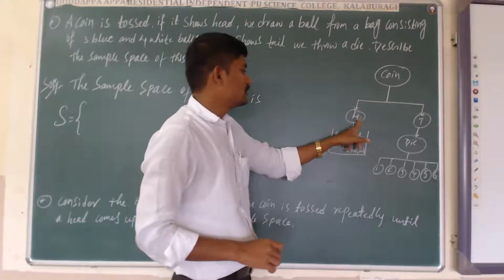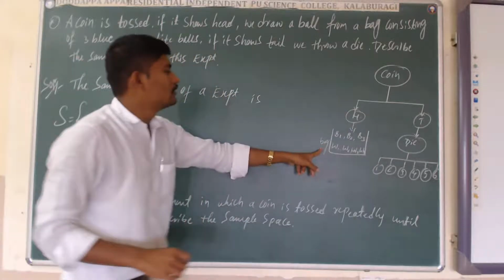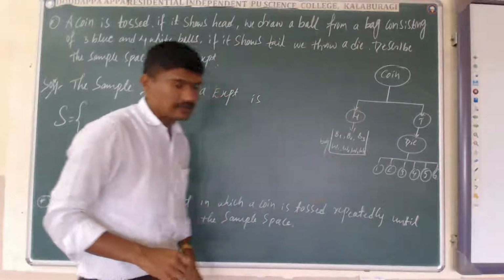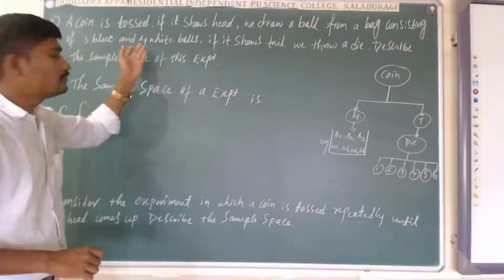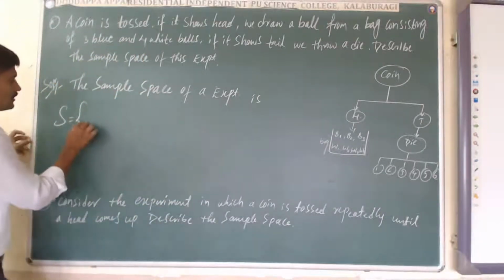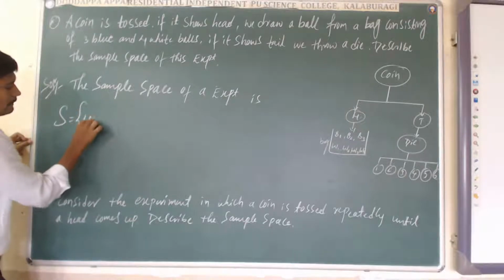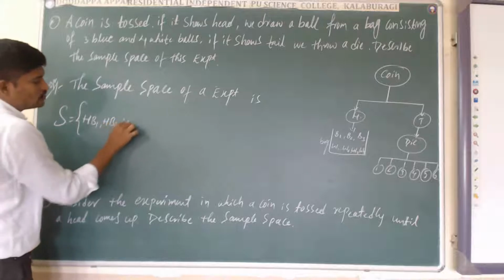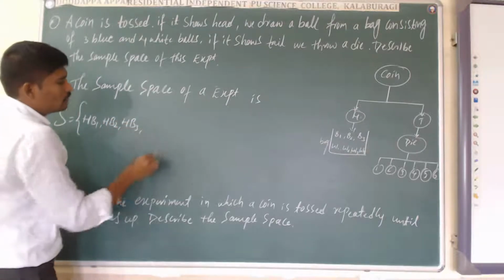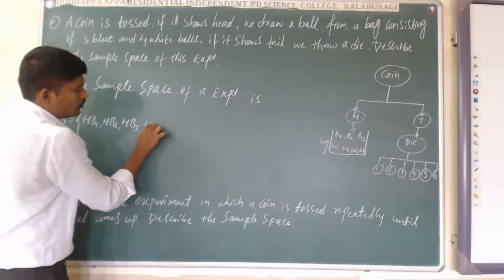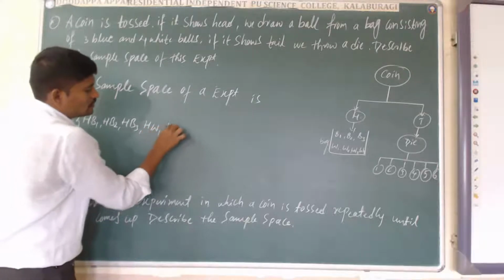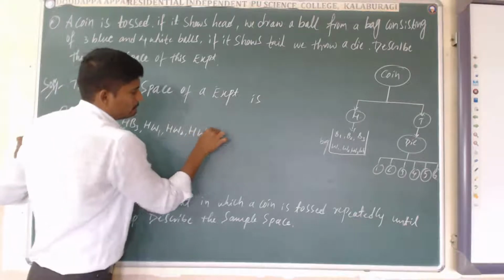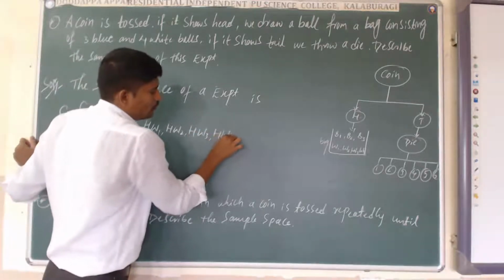When head is turned up, then we draw a ball from a bag consisting of 3 blue and 4 white balls. So now I will write here H B1, H B2, H B3, or next H W1, H W2, H W3, H W4.